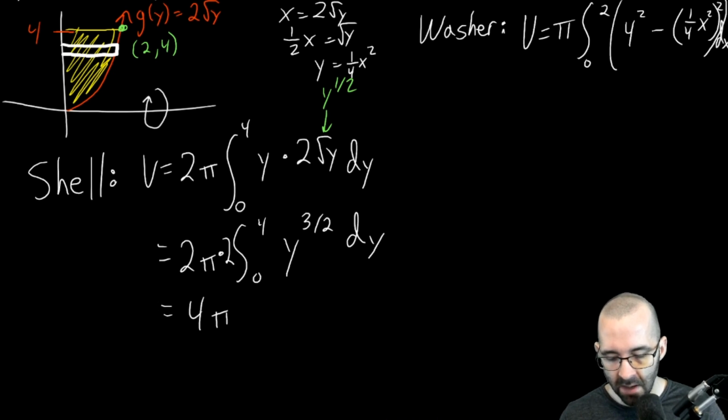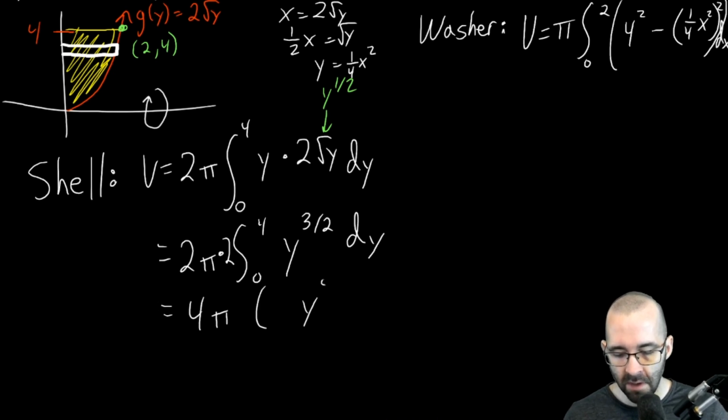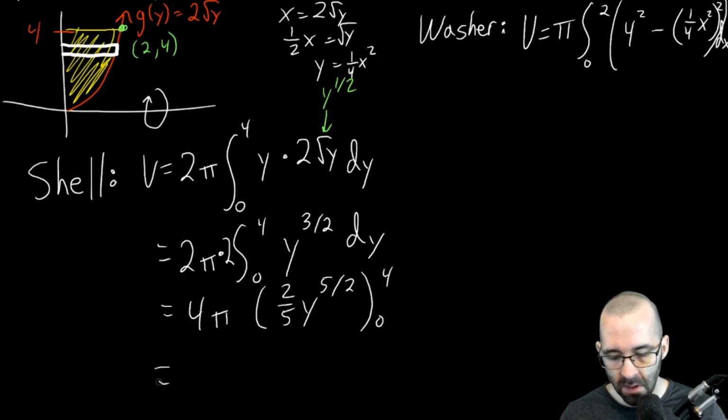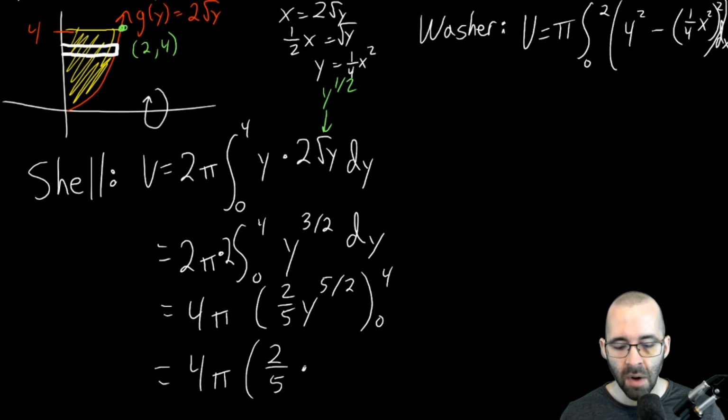So 4 pi. Now we can antiderivative. Add a power, divide by the power. Plug in 0 and 4. 4 pi times 2/5. We could have taken the 2/5 out as well. This is the square root of 4 to the 5th power. Square root of 4, raise it to the 5th power.